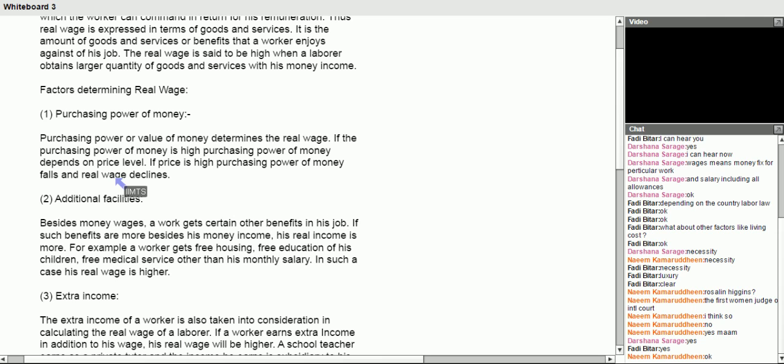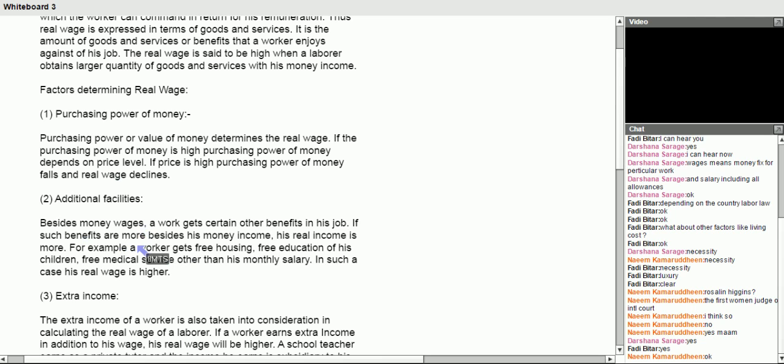It depends upon the rate of inflation in the economy. If the inflation is too much, then the purchasing power of money will be less, because with the same amount of money we will be getting less number of goods and items. But if we are able to get more, then that means the purchasing power of money is good and high.